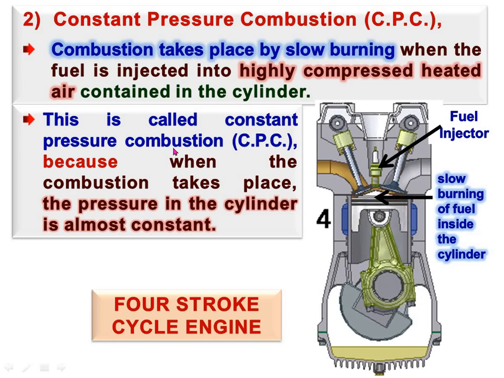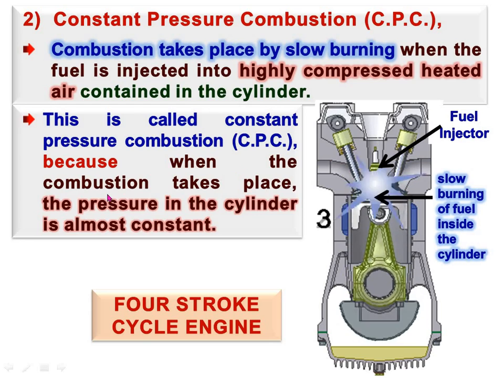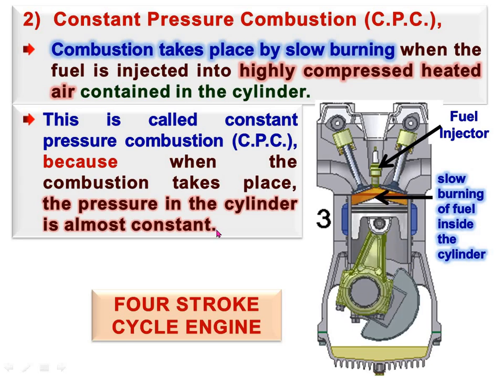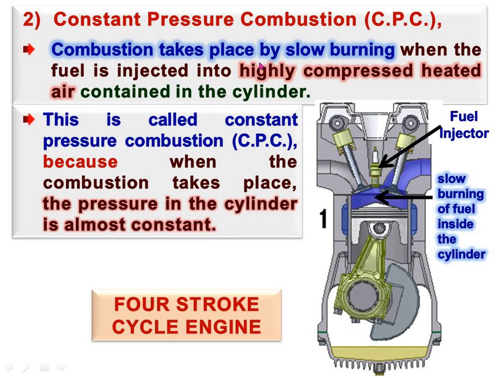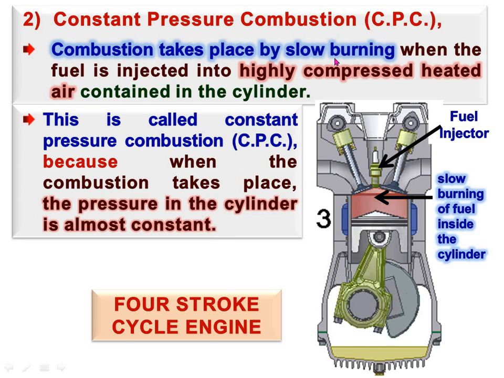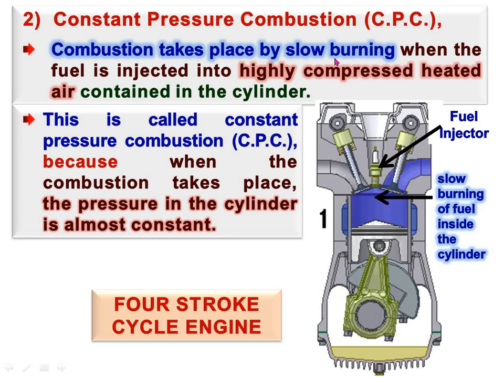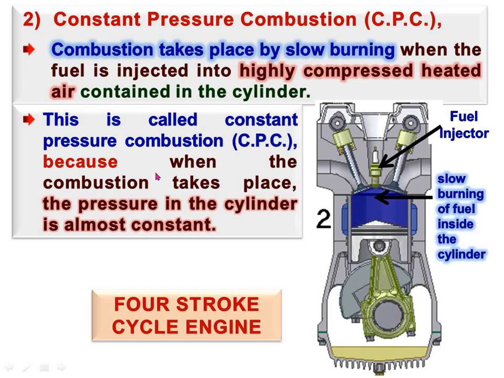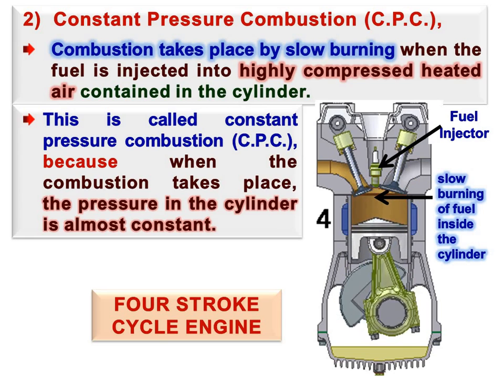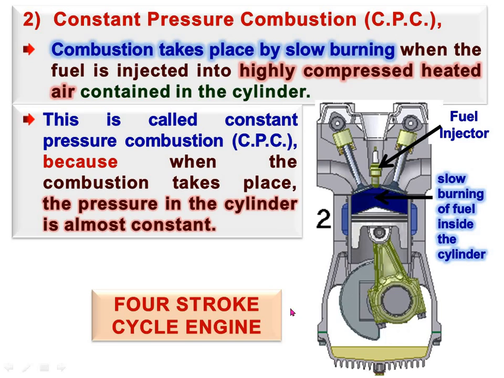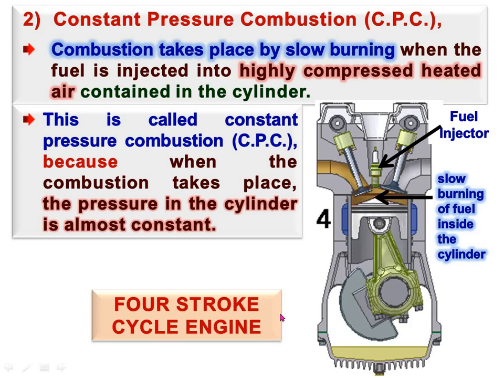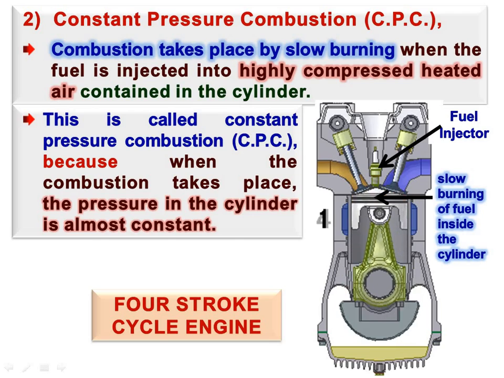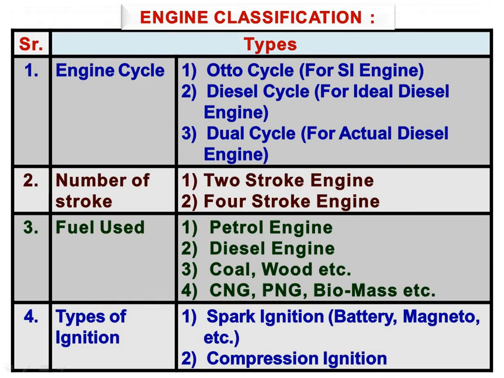This is called constant pressure combustion because when the combustion takes place, the pressure in the cylinder is almost constant, because the burning of fuel takes place slowly, so pressure within the combustion chamber remains almost constant. Generally in the four-stroke engine cycle, our diesel engine, this constant pressure combustion cycle works.